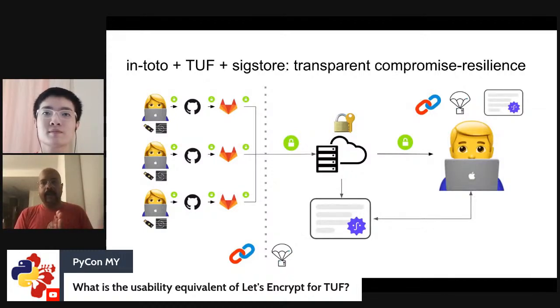Sigstore.dev is a project from Google, Red Hat, and Purdue University, among others, where we're trying to bring what I was talking about, combining the power of in-toto, TUF and Sigstore, to everybody. Datadog has been the first to do it in the world using all three, but we're now trying to democratize this stuff, giving you easy tools that open source projects can use for themselves.